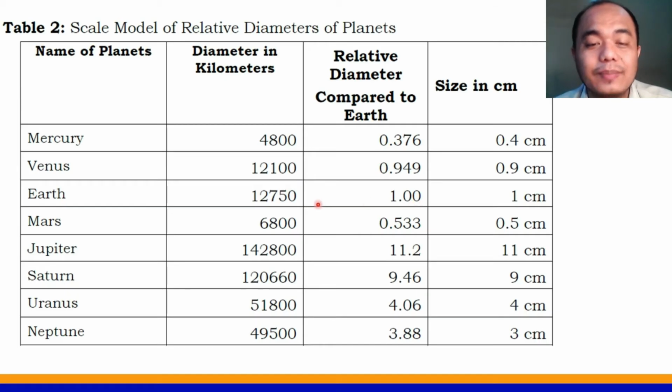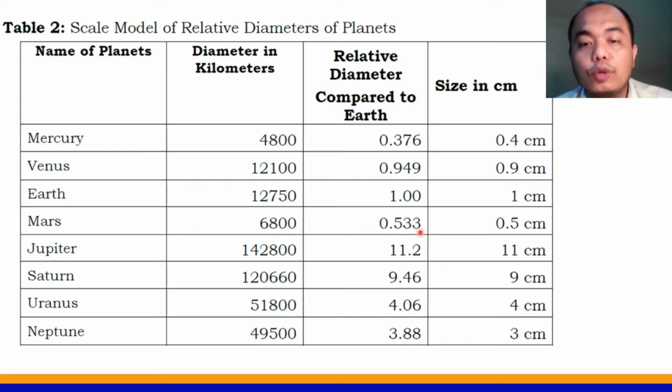So of course, kung mas malaki ang isang planeta kaysa sa Earth, ibig sabihin, more than 1 ang measurement niya. Kung mas maliit ang isang planeta kaysa sa planet Earth, less than 1 naman ang makikita mo sa side na to. Just like here. Diba? Mas malaki ang Earth kaysa sa Mercury, Venus, at saka Mars.